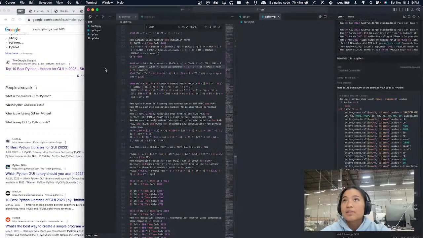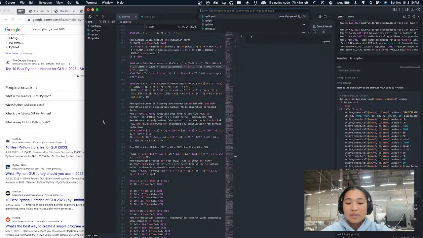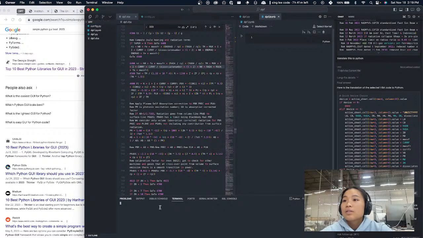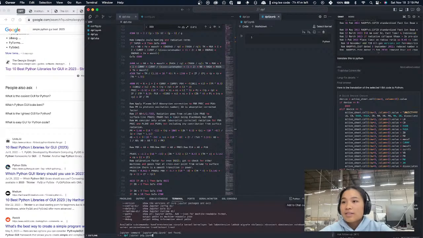Really good at naming things. Maybe some of the best. Okay, Jupyter. And I think it's just dpf.py.